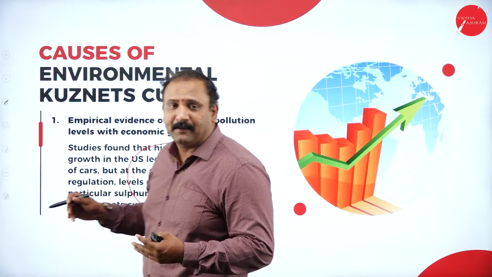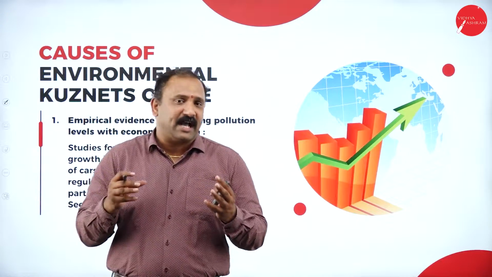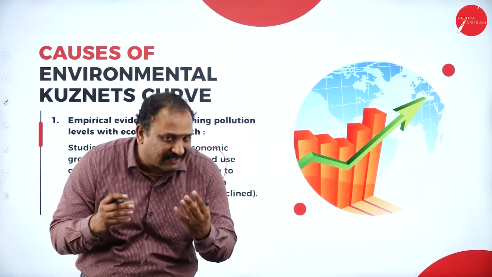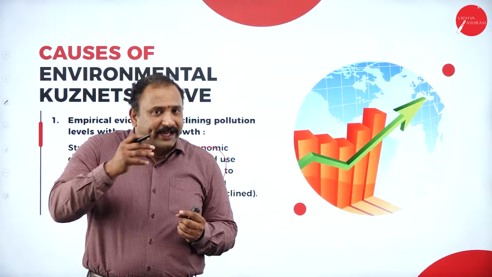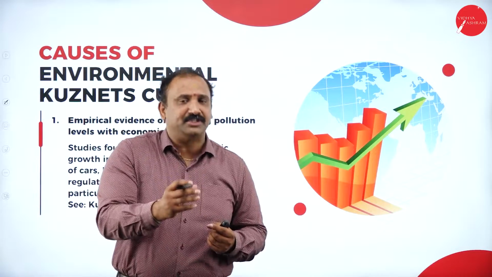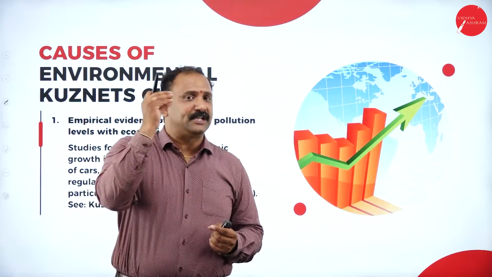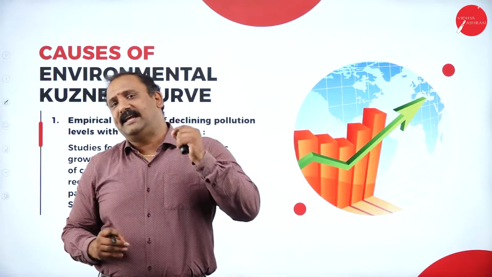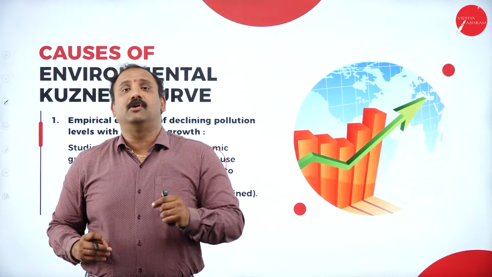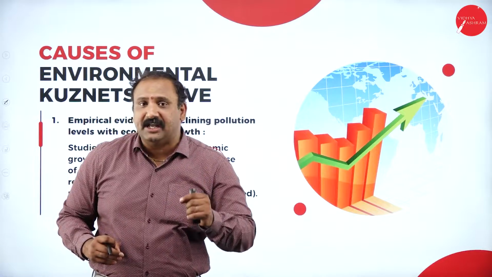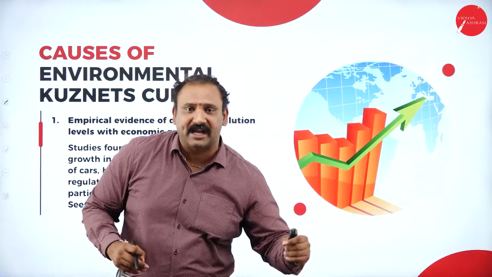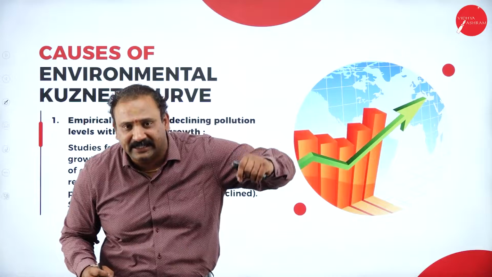Now, this is very, very important. Why? Because when you start understanding the Kuznets curve altogether, they say it very clearly here that though economic growth has started propelling the usage of technology, the usage of gadgets, usage of automobiles, but as the country makes economic progress, most of the countries also start understanding what are all the problems that are created in the society because of the environmental degradation.